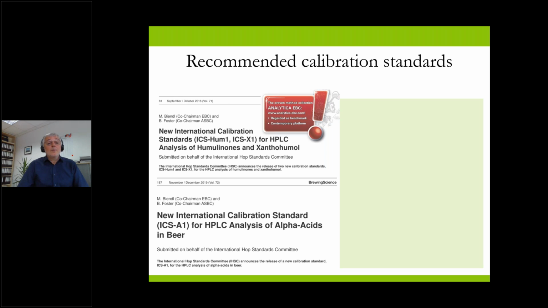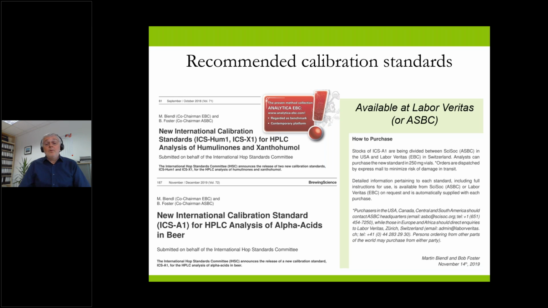I think you know these international calibration standards for iso-alpha acids and reduced iso-alpha acids, and this range is now enlarged by the ICS-HUM1 for humulinones, the ICS-X1 for xanthohumol, and the ICS-A1 for alpha acids analysis in beer. You can purchase these from Labor Veritas or from ASBC, and we have announced the introduction and the release of these standards in press releases, for example, in the Brewing Science journal.